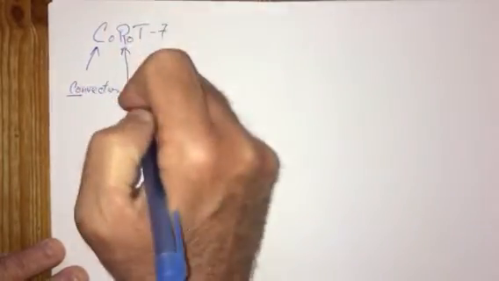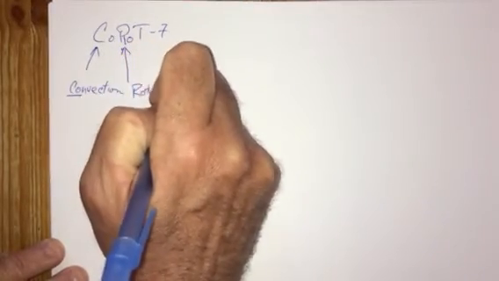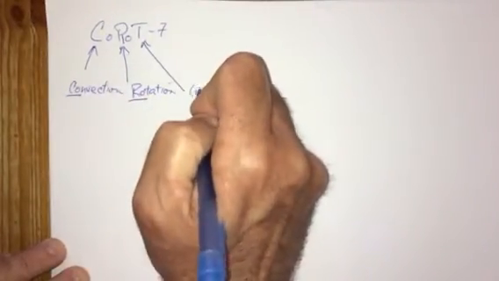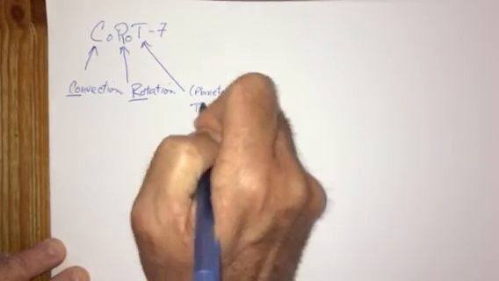Then the R stands for rotation, and the T stands for planetary transit.